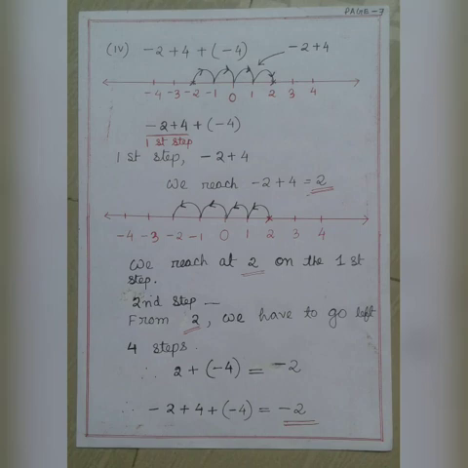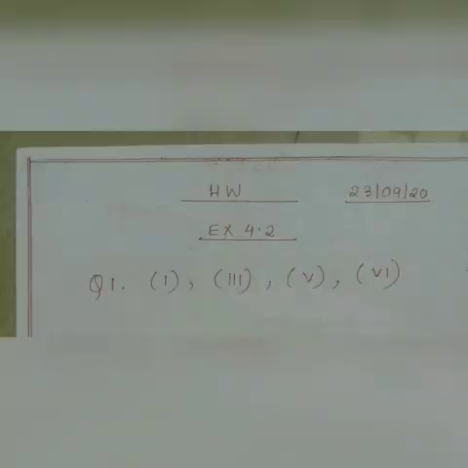Therefore, 2 plus minus 4 is equal to minus 2. Therefore, if we combine step 1 and step 2, I get minus 2 plus 4 plus minus 4 is equal to minus 2.